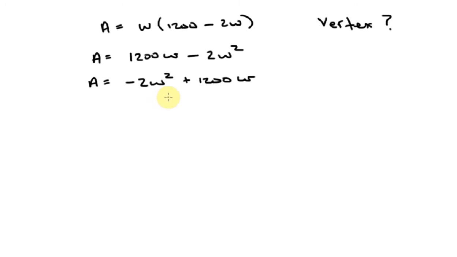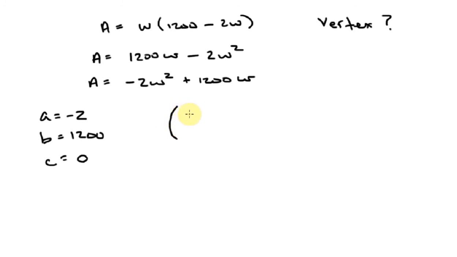If I was going to use the vertex formula, all I've got to do is identify A, B, and C. Interesting, C is 0. It makes it a little bit easier for us. So where is that vertex? Well, let's have a little look.